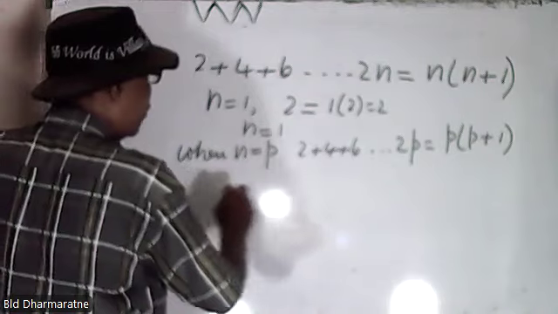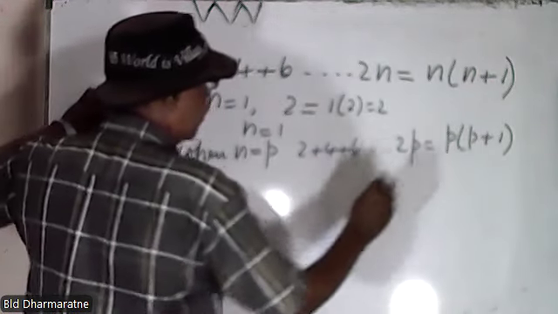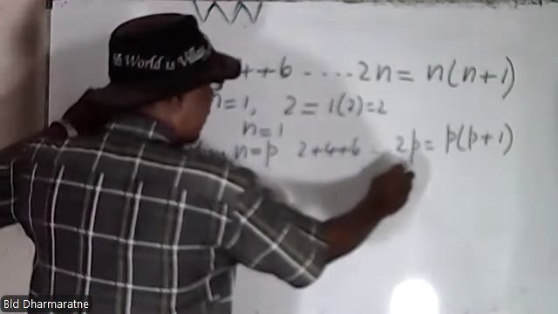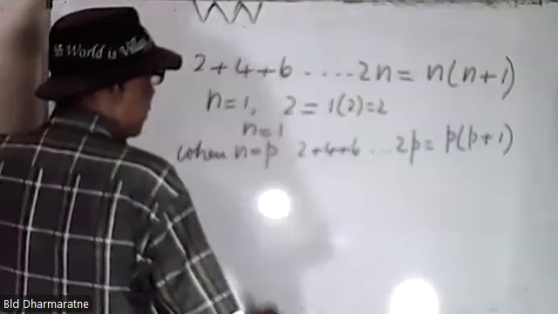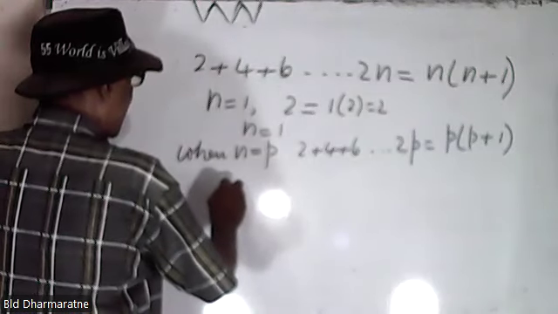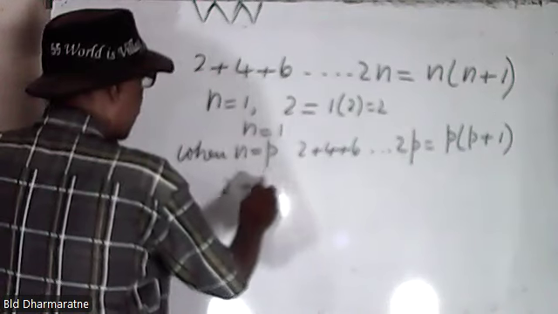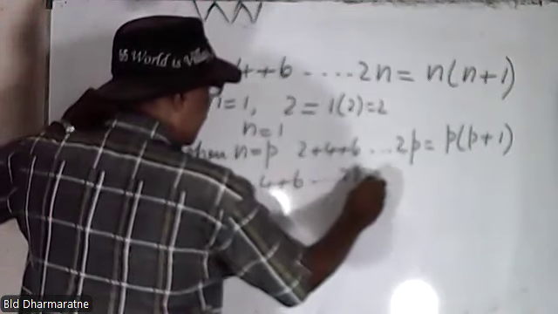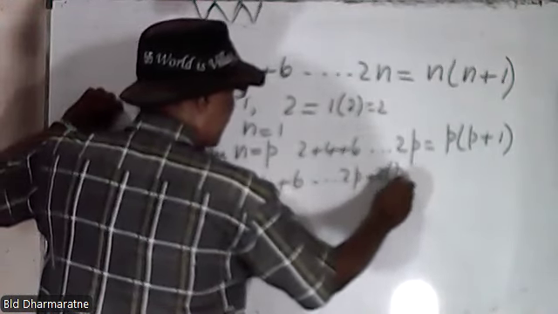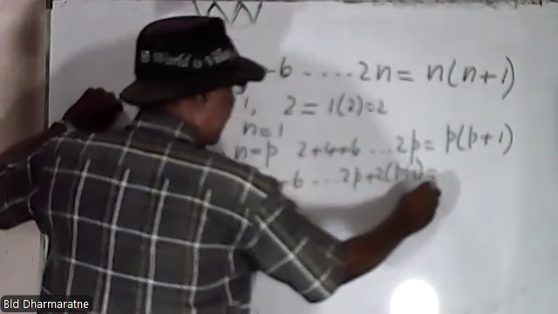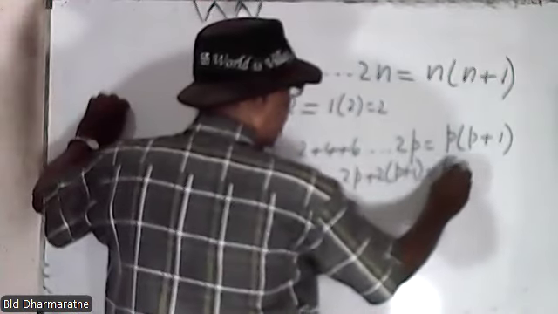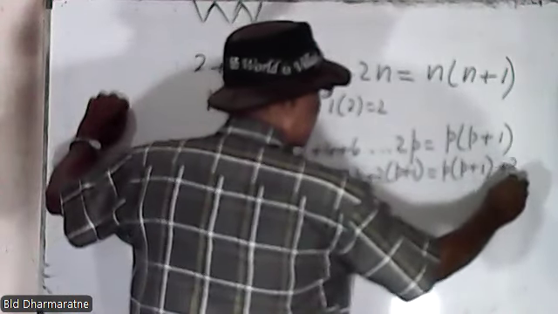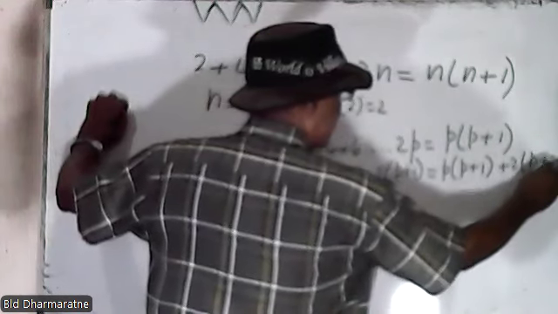For n equal p plus 1, you cannot simply substitute. We take the p terms, and after this term comes the p plus 1 term: 2 plus 4 plus 6 up to 2p plus 2 times p plus 1 equals p times p plus 1 plus 2 times p plus 1. Now calculate this.